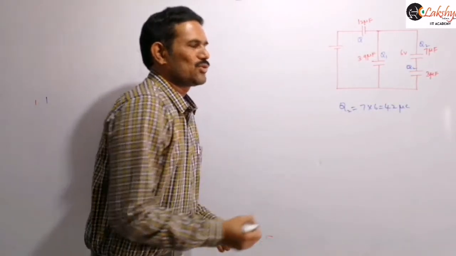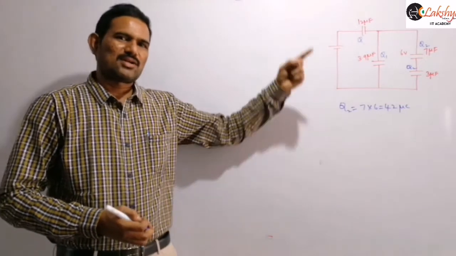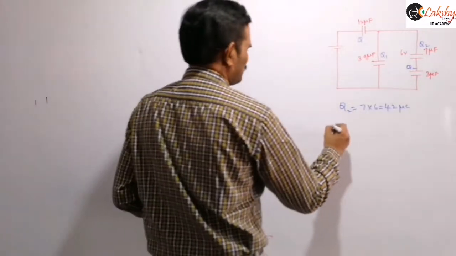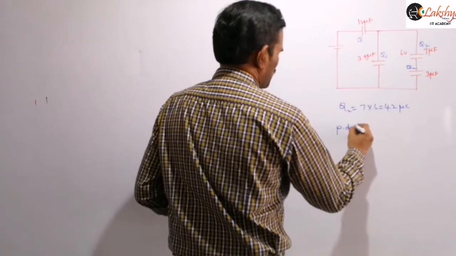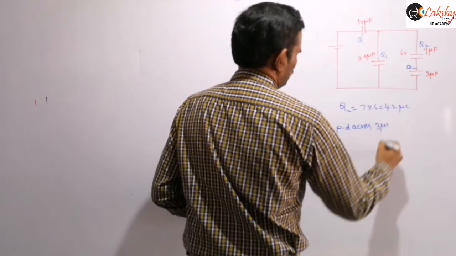And so now for this 3 microfarad capacitor, you know the charge and you know the capacitance. So from that you can calculate the potential difference. Now I am writing potential difference across 3 microfarad.